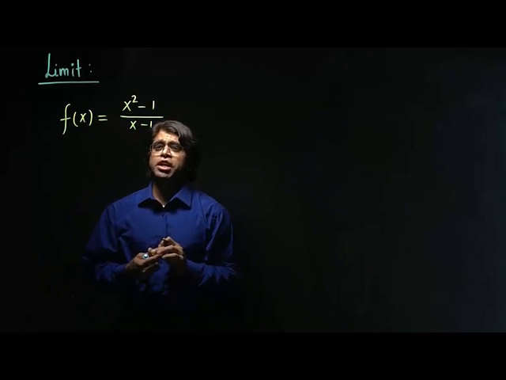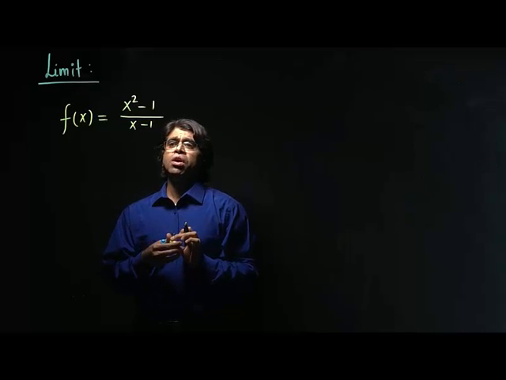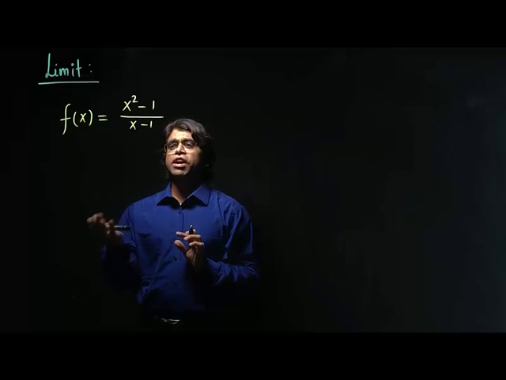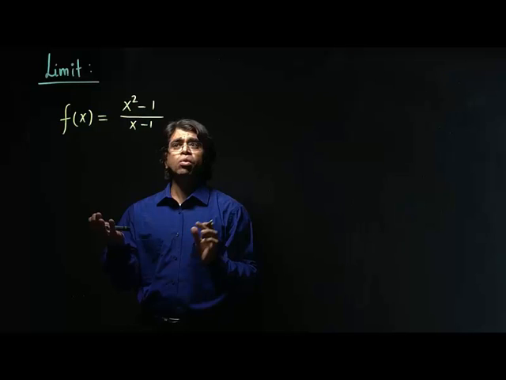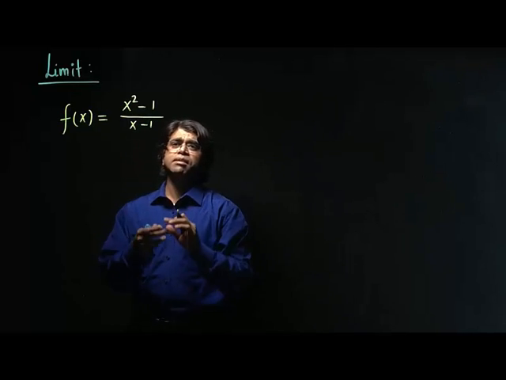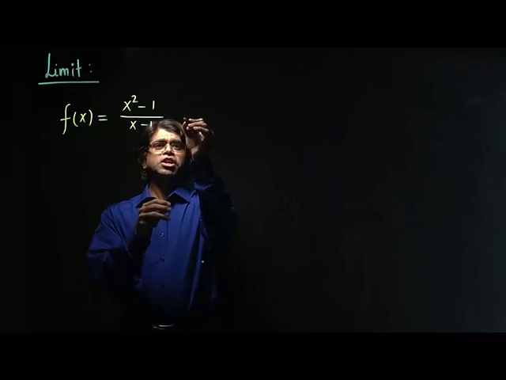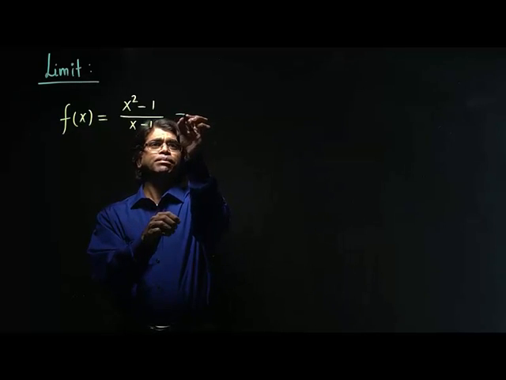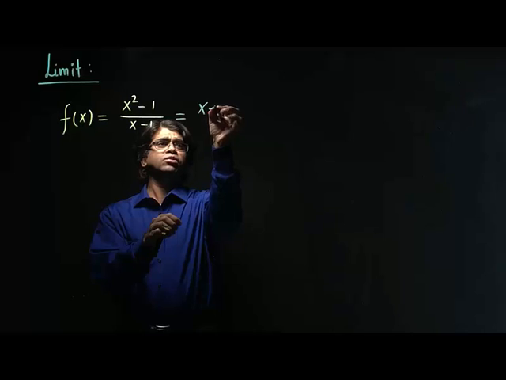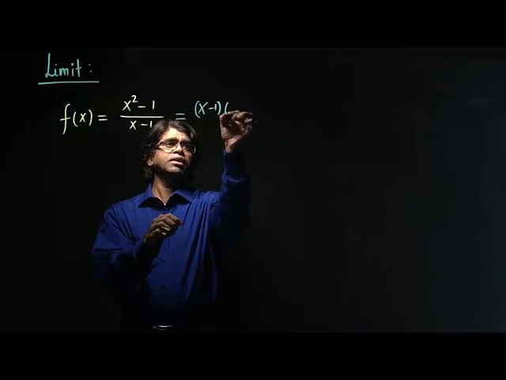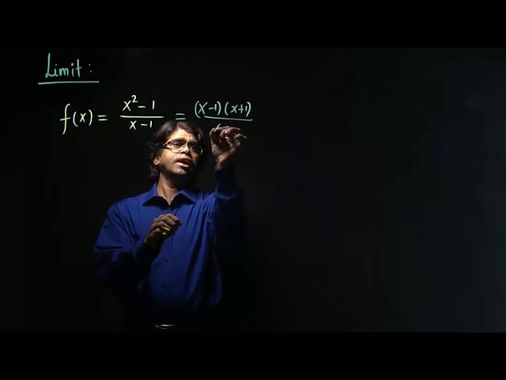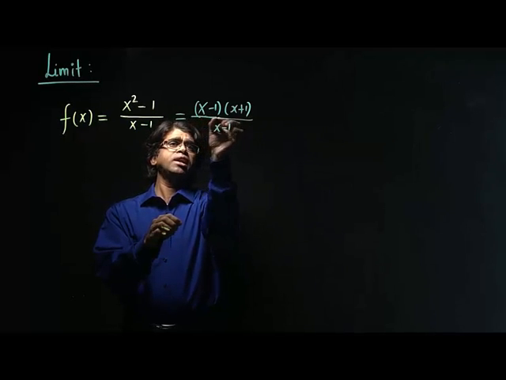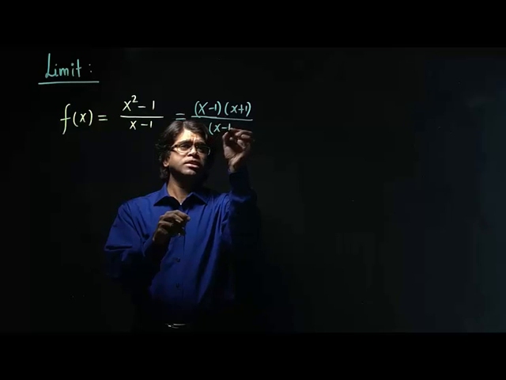Now, here's the thing. If I ask you what are the values the function is defined, you will say, you know what? I can easily simplify this function and rewrite it as x minus 1 times x plus 1 over x minus 1. This is the first step you will do.